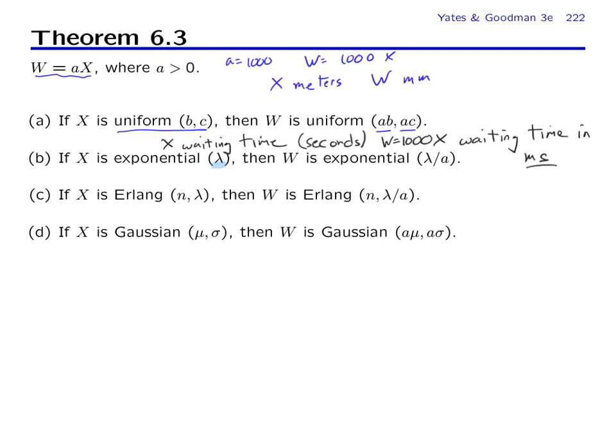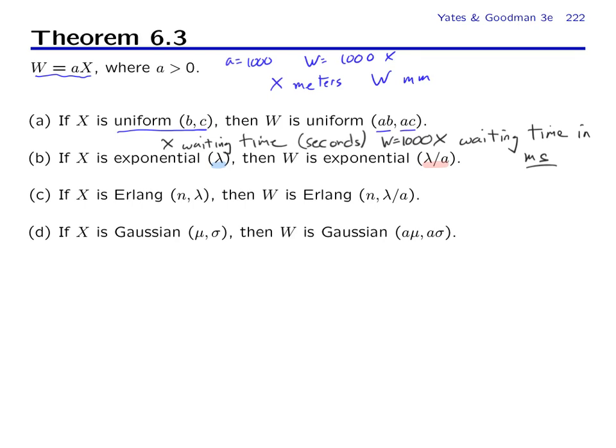So whether you measure this waiting time in seconds or in milliseconds, it's still exponential. The only thing that has changed is that the rate parameter is divided by a, in this case by 1,000. So if you had 10 arrivals per second, now you have 0.01 arrivals per millisecond.